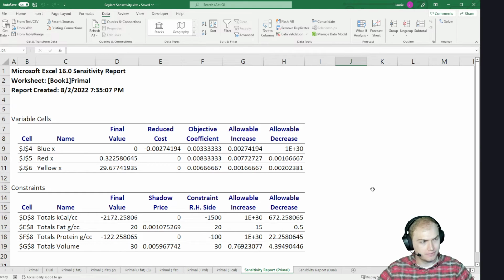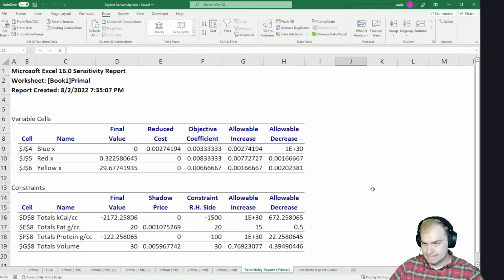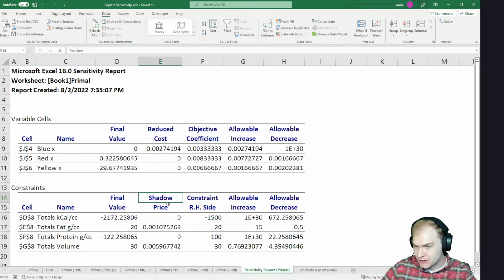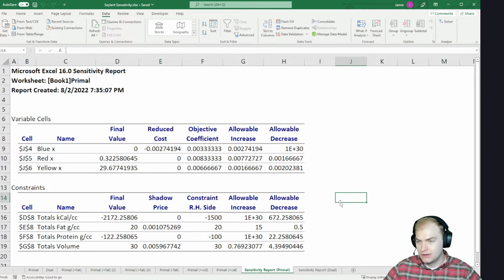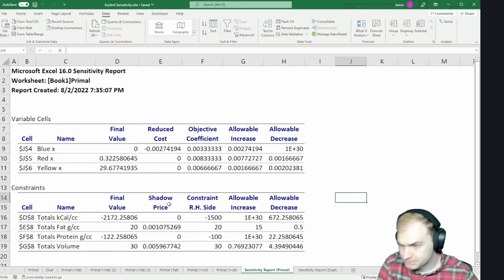A new workbook, new worksheet, and it has our shadow prices. It has a lot of information about the problem, about the optimal solution, and about the shadow prices, and a few other things that we'll touch on here in a second.